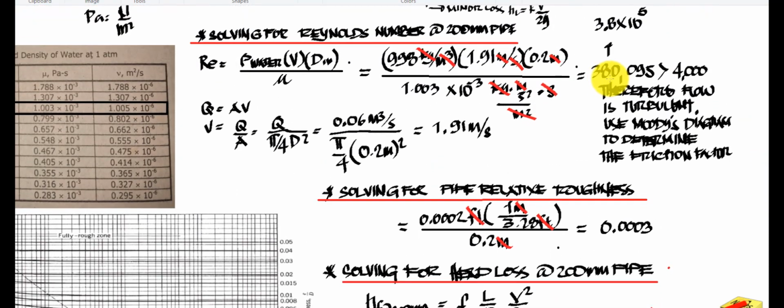Value of 6.9 divided by the value of our Reynolds number. Referring to our solution previously, we have 380,095.